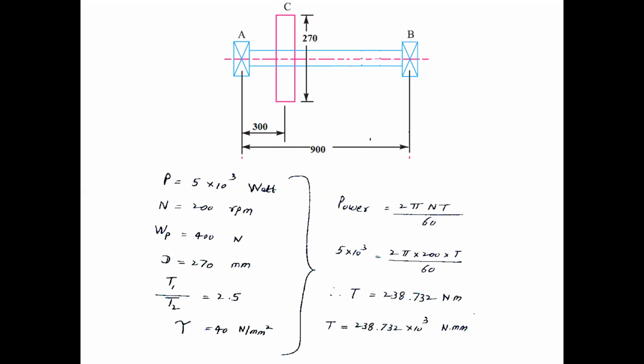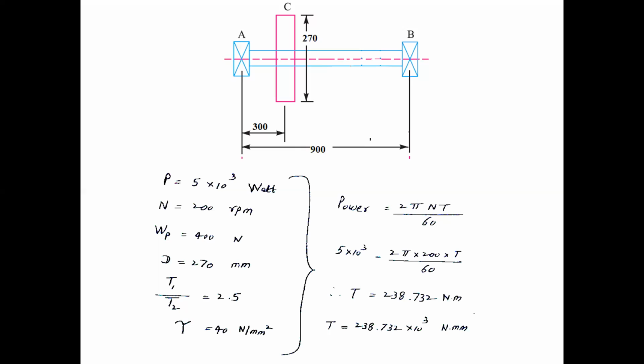It comes in Newton meter because watt is joules per second, which is Newton meter per second. So now torque is 238.732 into 10 power of 3 Newton mm. This torque creates a torsional shear stress inside the shaft.